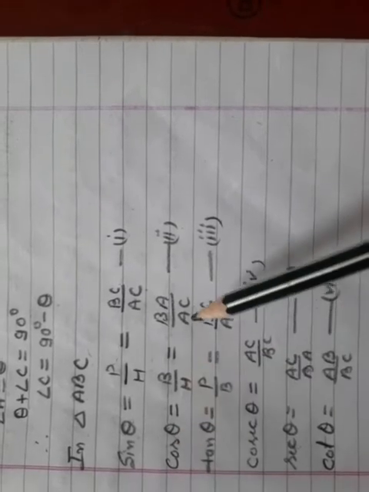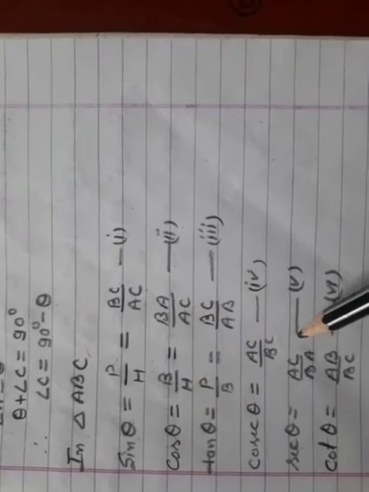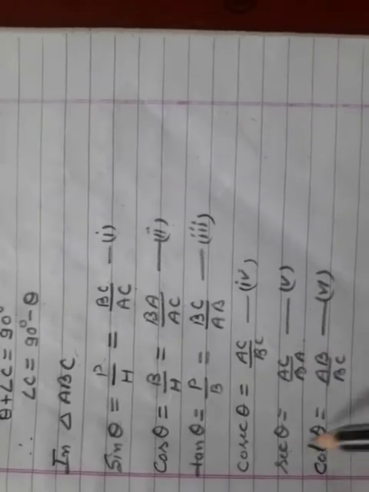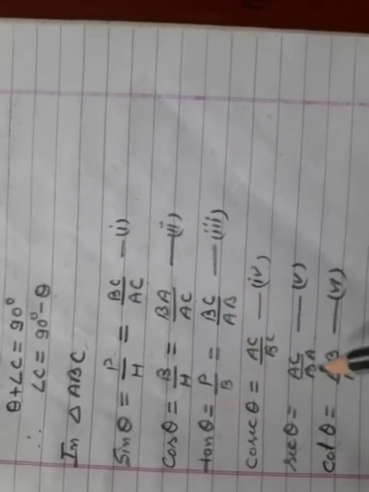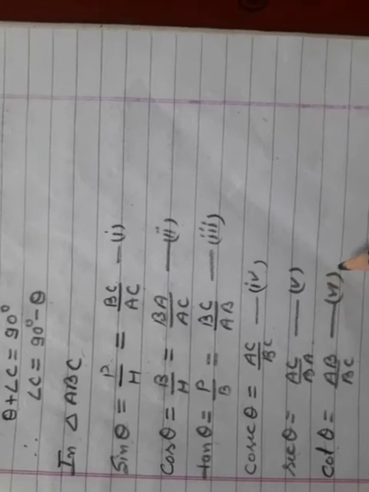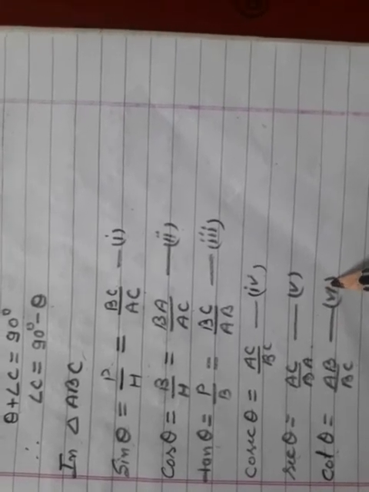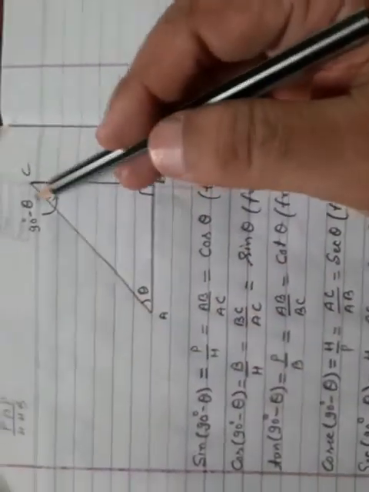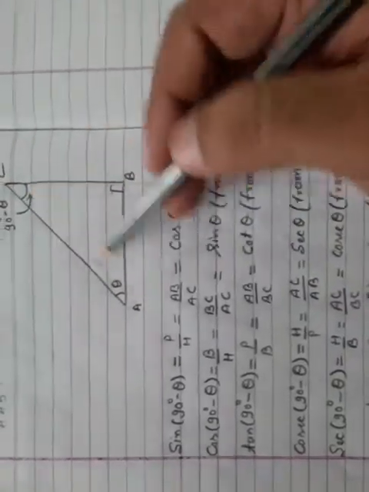Sec theta is just the opposite of cos, so AC upon AB. And cot theta is just the opposite of tan, AB upon BC, is the fourth condition. Clear?